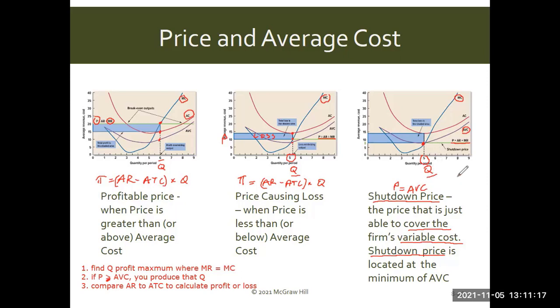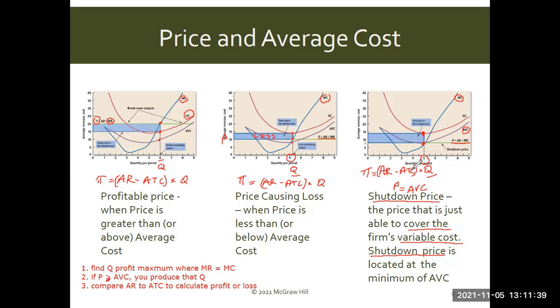Now, let's figure out what our profits would actually be. And we said profit is equal to average revenue minus average total cost, all times quantity. I'll just use that quantity right there if you don't mind. So my average revenue is right here, comes off the green line, and my average cost is way up here.